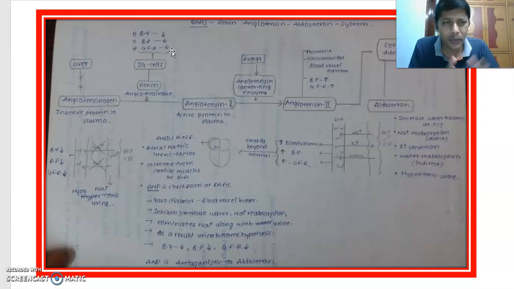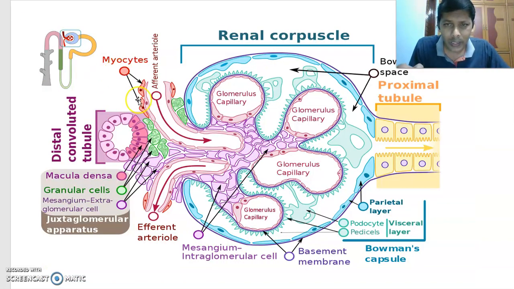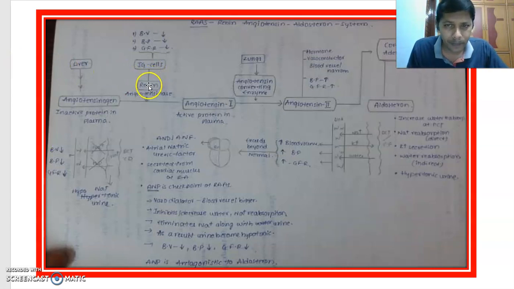Whenever the GFR decreases, for example if it becomes 110, the JG cells present here sense that and get activated. The activated JG cells produce renin, R-E-N-I-N, not R-E-N-N-I-N, which you learnt in the first lesson on the digestive system.